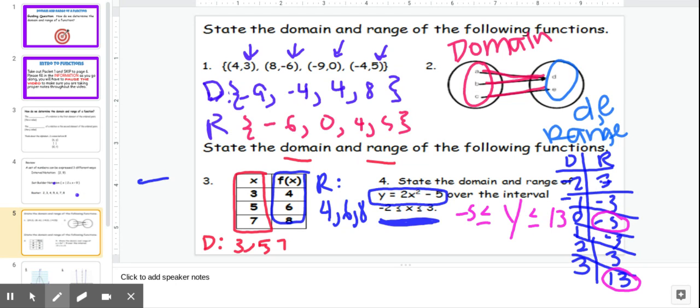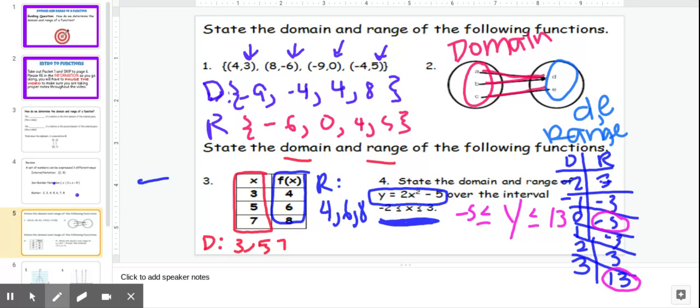The reason why we need to do that is because if you go back to your graph, your table, and you graph it, you'll notice that the graph is a continuous function. It doesn't just stop at those points, it goes through all of those points. So you need to make sure you're connecting from -5 down here all the way up to 13. So that would be how you would write your range.